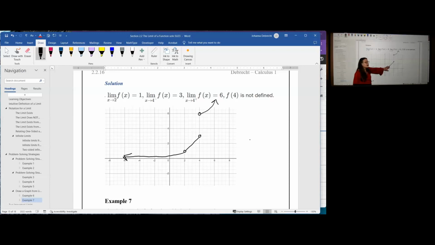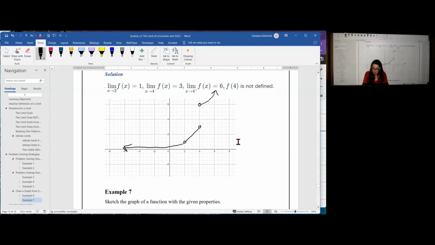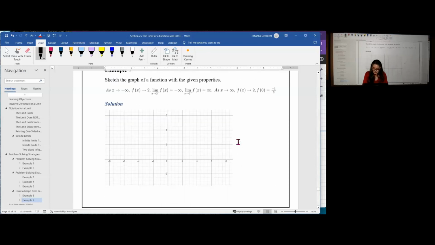Remember that the two-sided limit only exists if you can approach from both directions. And to do that, it has to be defined on the left side of 2. It doesn't have to go to infinity, but it could, right? Any kind of graph that meets these conditions would be acceptable. It doesn't have to look like the one I drew here, but it has to meet the primary conditions.